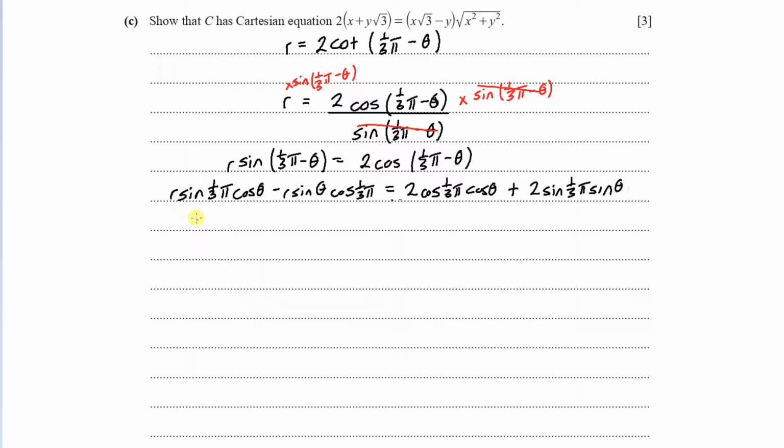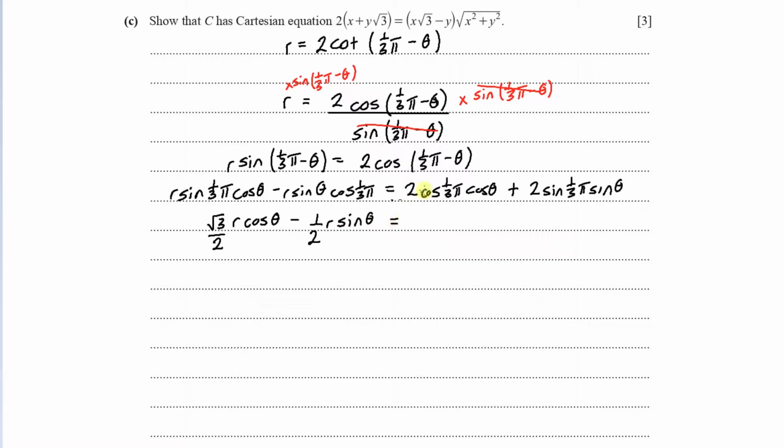So we can simplify this. We know that sine of a third pi is root 3 over 2. So that's like root 3 over 2 here, r cos theta. And that's minus, we know that cos of a third pi, that's like cos 60, which is a half. So we'll be having here half r sine theta.